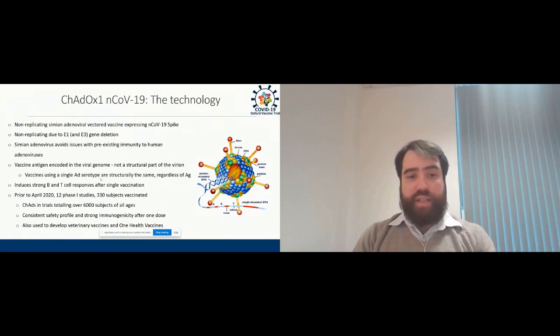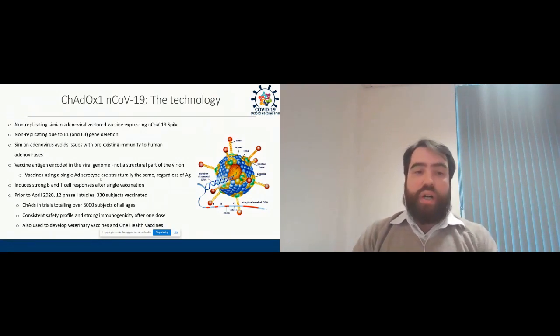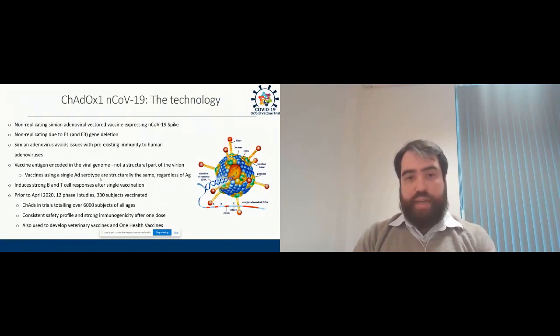The vaccine antigen is encoded in the viral genome, so it's not part of a structural part of the virion, which means that any adenoviral vector vaccines are structurally the same regardless of the antigen that we want to use. Viral vector vaccines are known to induce both B and T cell responses even after single vaccination.